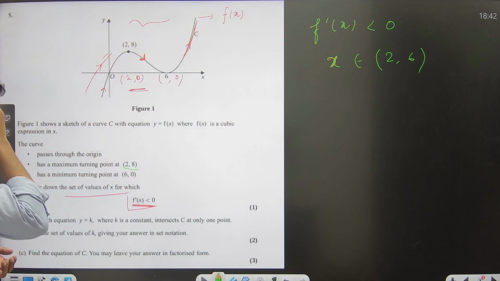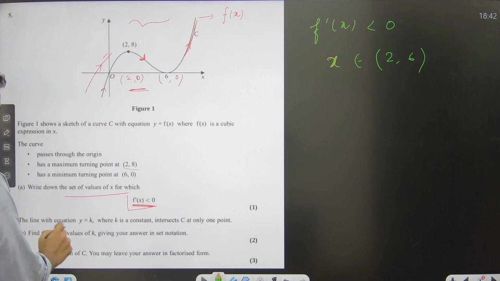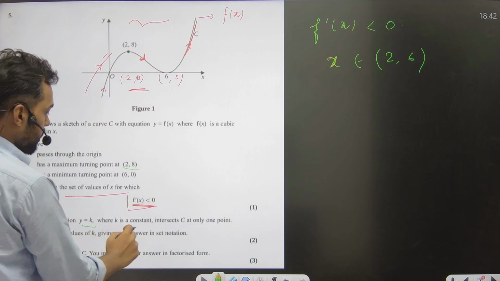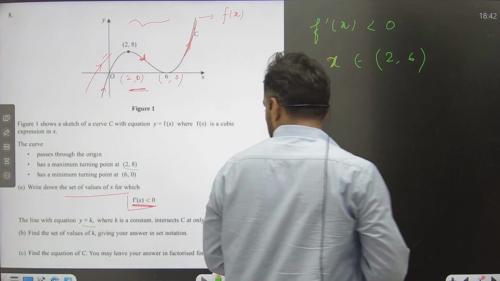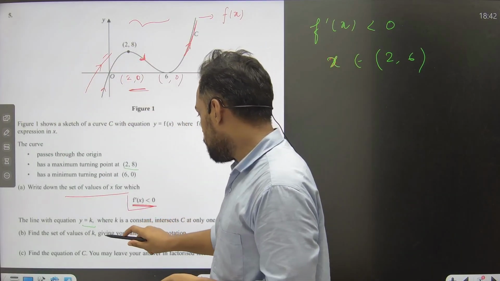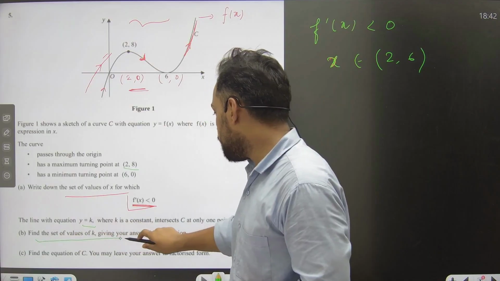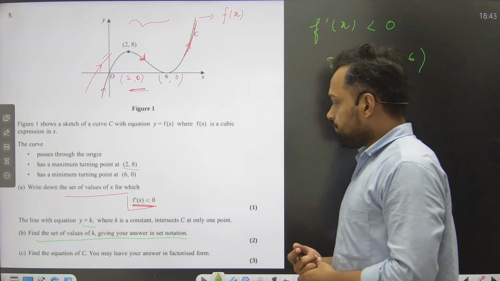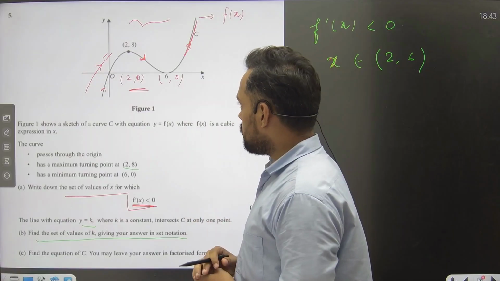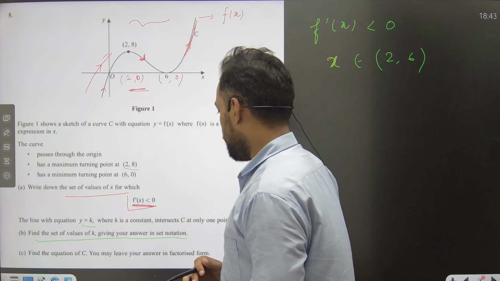Now in the next part, students, the line with equation y equals k, where k is a constant, intersects C at only one point. We need to find the set of values of k, giving your answer in set notation. Here y equals k is any line.